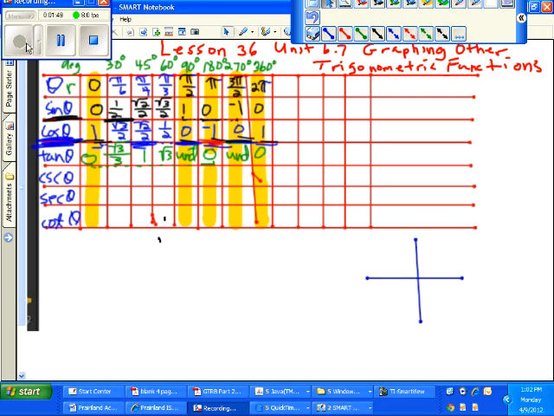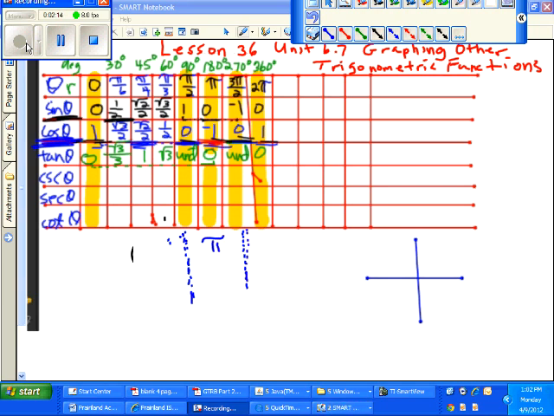If we wanted to graph the tangent wave, remember we had a vertical asymptote everywhere there was an undefined on the tangent wave, right? And did you notice how far apart those were? This first one was at pi over 2. The second one was at 3 pi over 2.